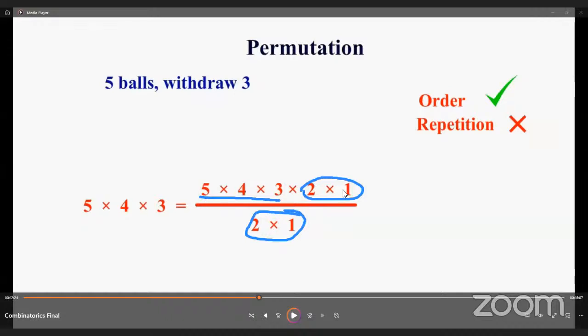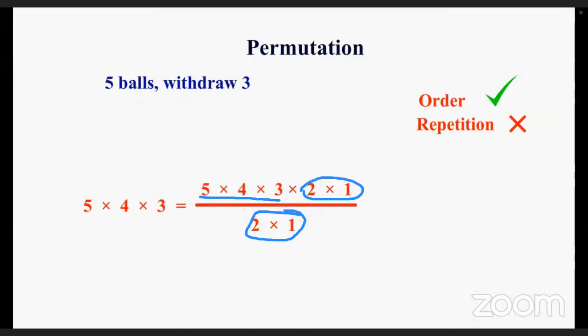So this is 5 factorial divided by 2 factorial. So that is how you get that. That's 5 factorial divided by 2 factorial.